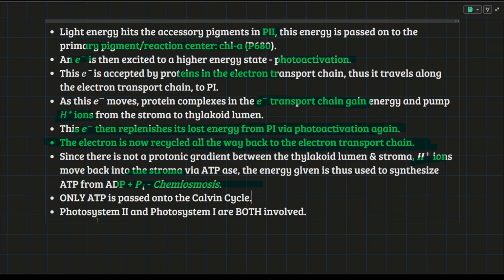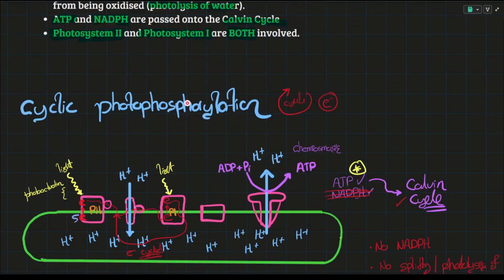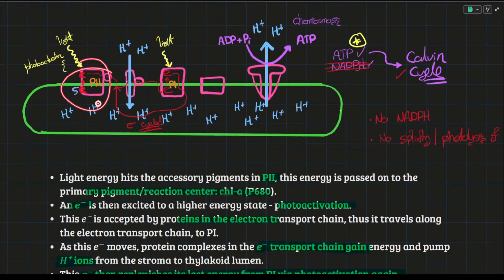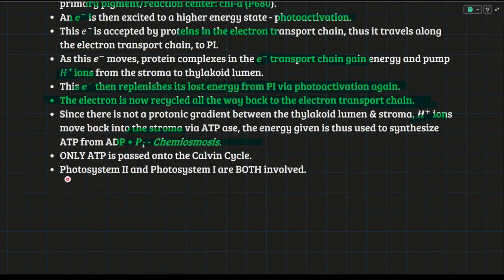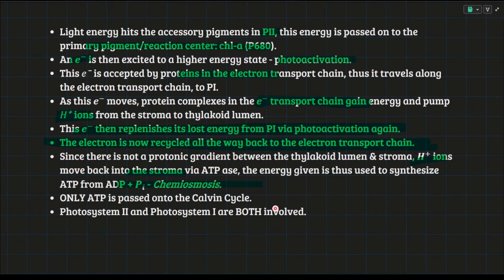Here's the deal. Here's the most confusing part. If you can put 2 and 2 together, you can see obviously we're starting off with photosystem 2 and then photosystem 1 and then the cycle. So this final statement is completely valid: photosystem 2 and photosystem 1 are both involved. But there's a debate over here.